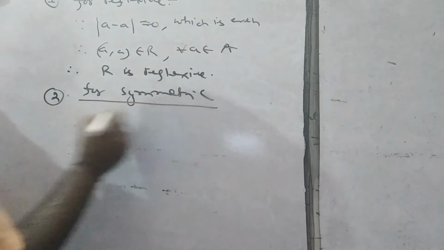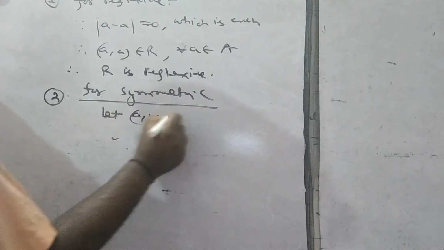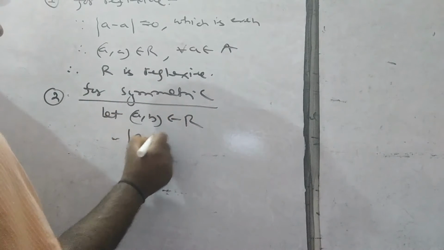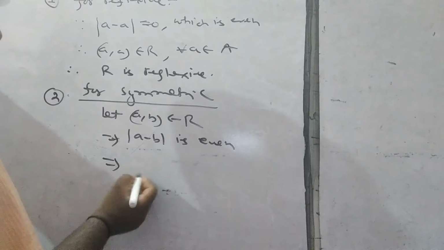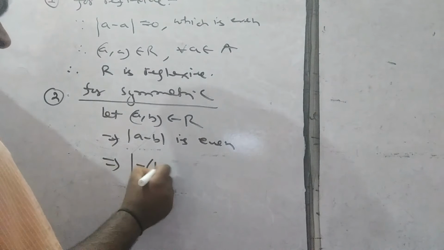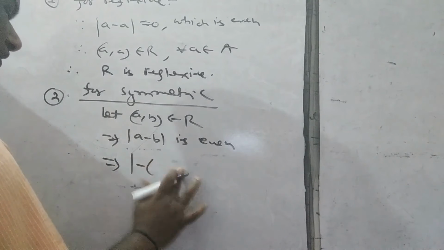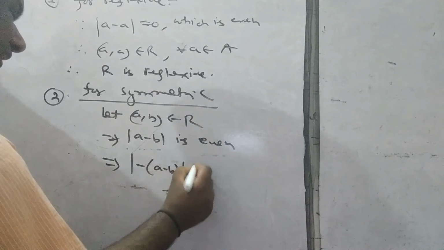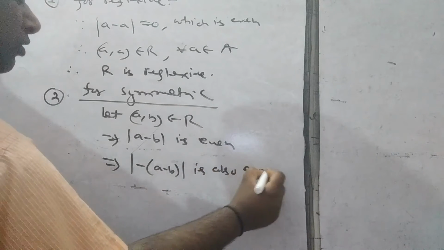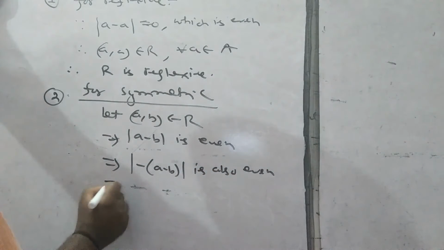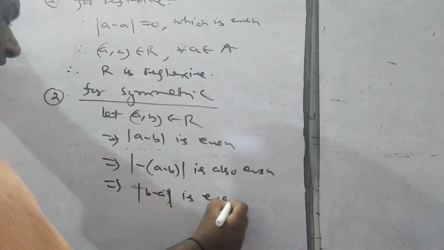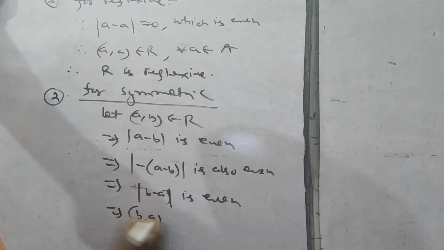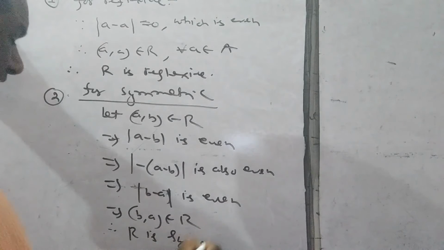Now second, for symmetric, what is the signature step? Let A, B belong to R. So mod A minus B is even. This implies mod of minus of A minus B is also even, no change of any property. Or mod B minus A is even, or B comma A belongs to R, therefore R is symmetric.